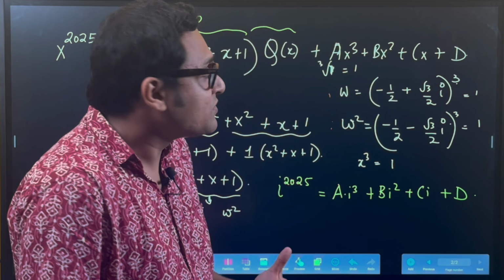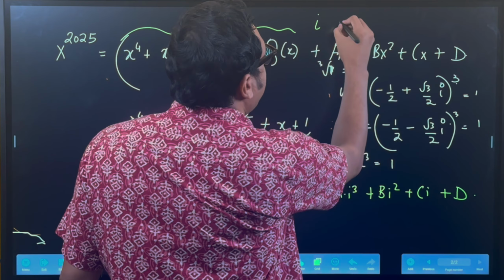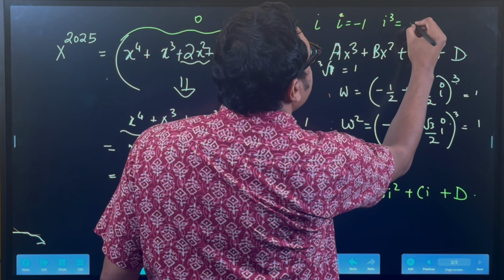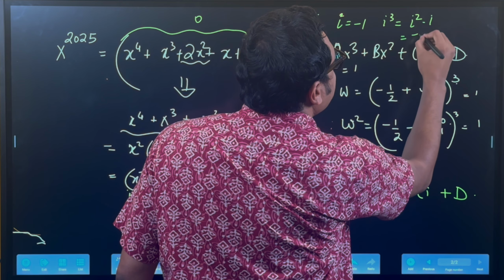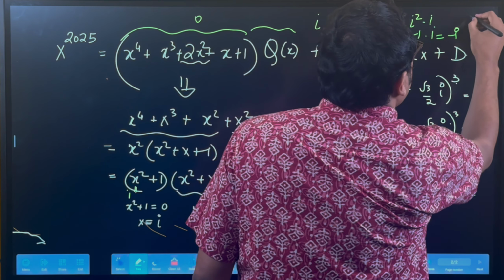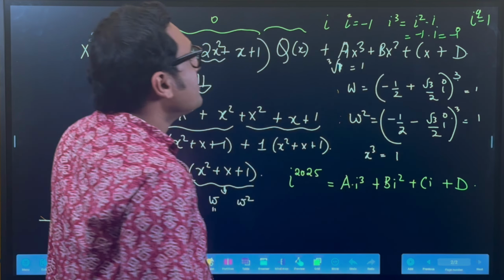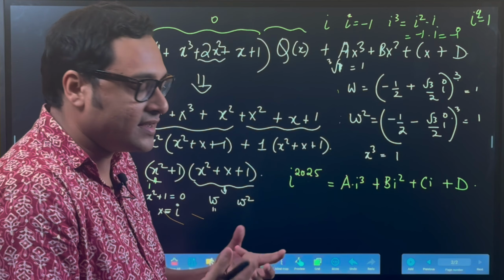What is that? Well, i squared is -1, i cubed is i squared times i, so this is -1 times i, which is minus i, and i to the power 4 is 1, because you again multiply by minus i, minus of minus 1, it's 1.